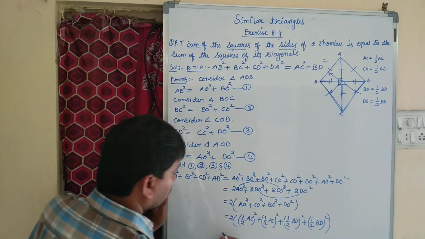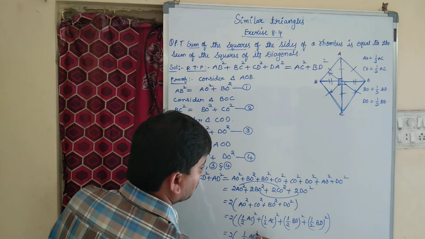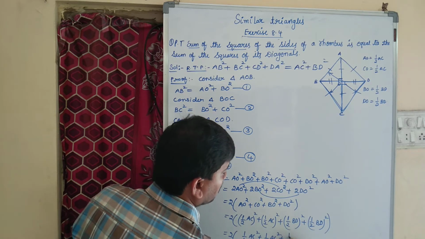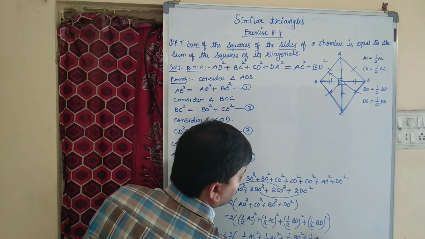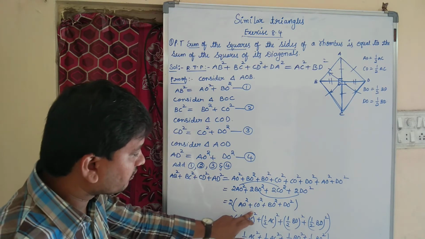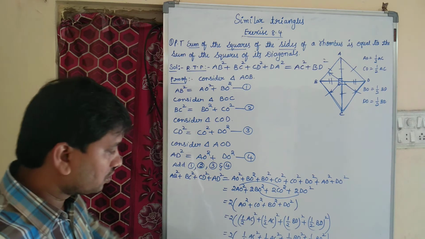Right? 2 into 1 by 4 AC square plus 1 by 4 AC square, plus 1 by 4 BD square plus 1 by 4 BD square. Why did we get 1 by 4? Because half squared is 1 by 4.